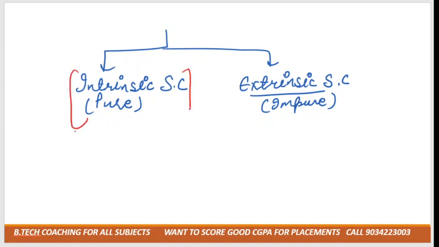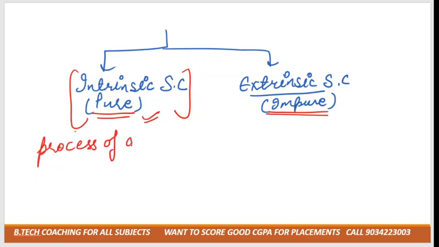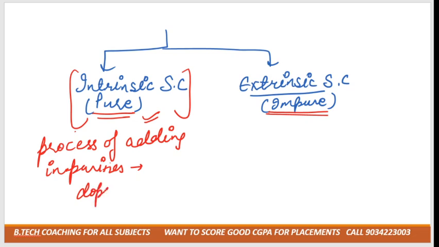Similarly, we can't use a pure semiconductor because it is not in a form where we can use it. So we have to add some impurities. And the process of adding impurities is technically known as doping. Doping is a very common word in the case of semiconductors.